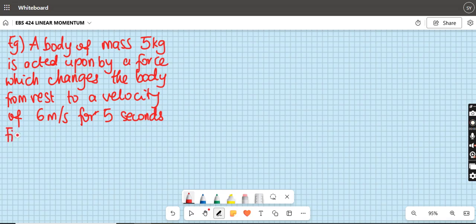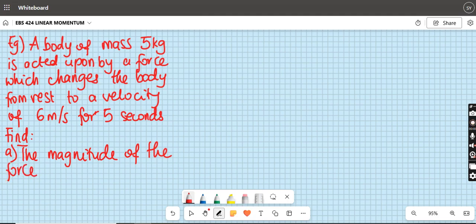Find A, the magnitude of the force, and then B, the change in momentum.